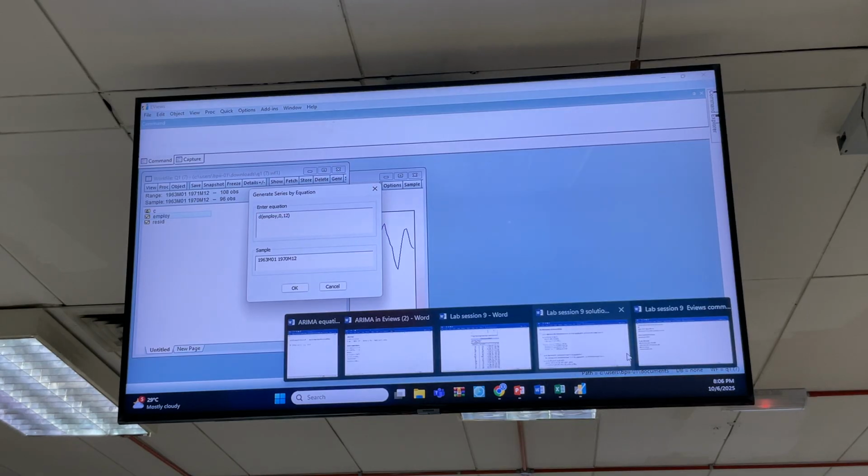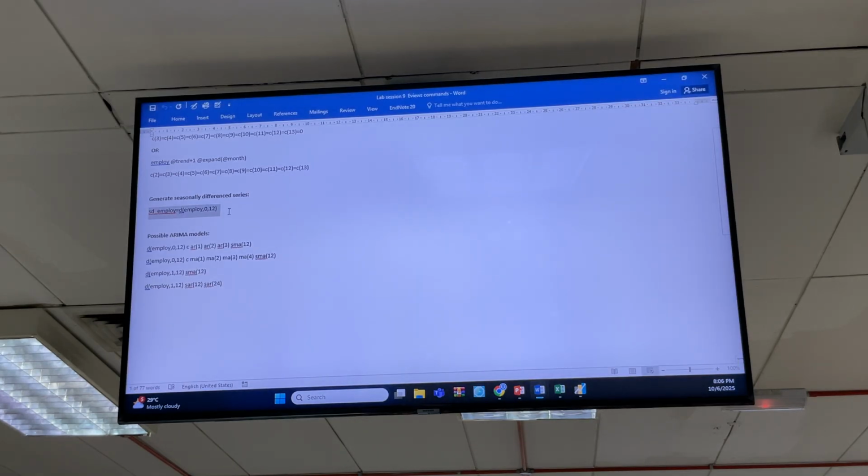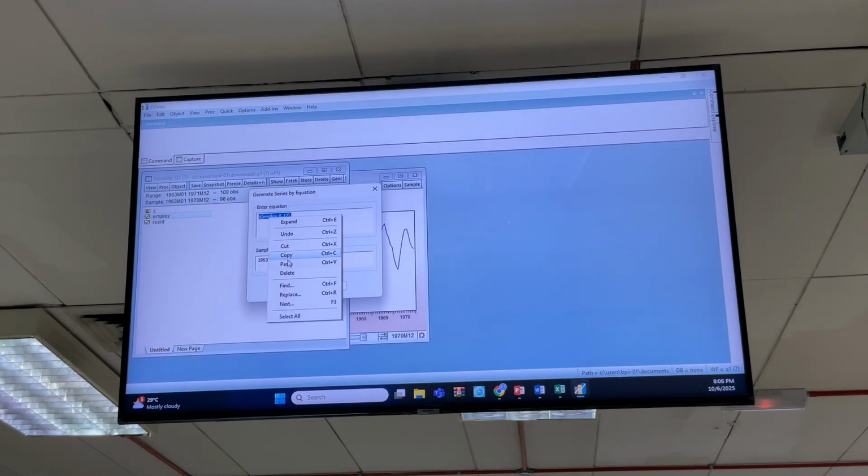You have to put a name; the name is up to you, but you have to use this function.